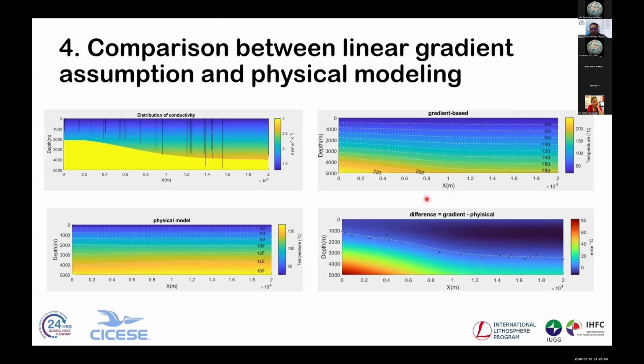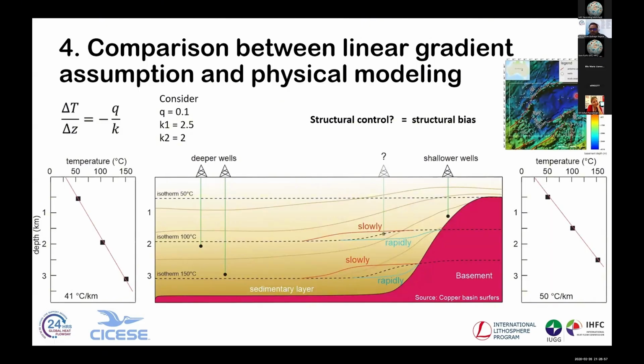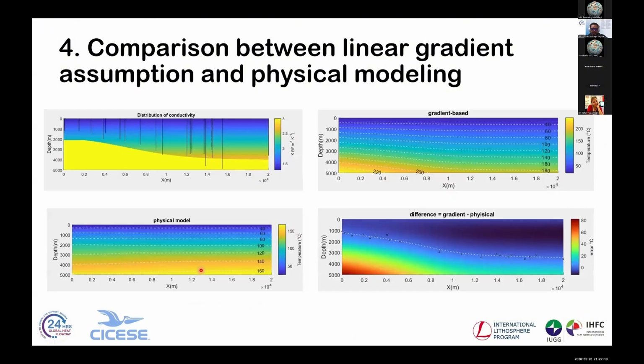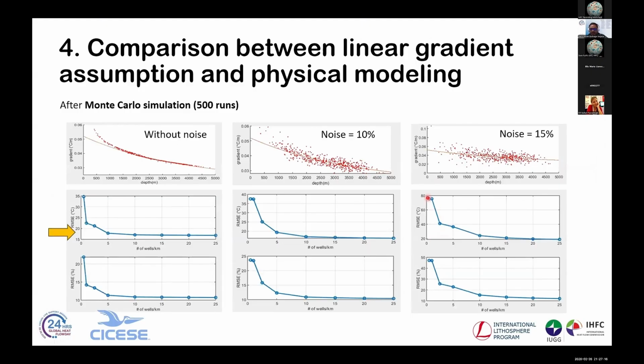In the case of Cooper Basin, we have some intrusions in the deeper part of the basin that work as internal sources, and when we have that kind of case, the error that we can calculate in the estimation based on gradient-based workflows can increase to 100 degrees Celsius or even more.